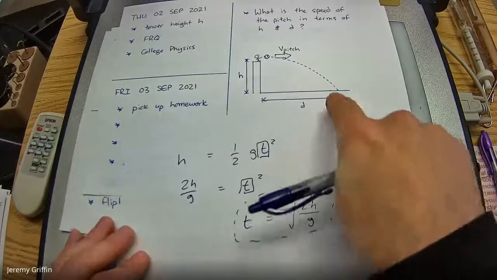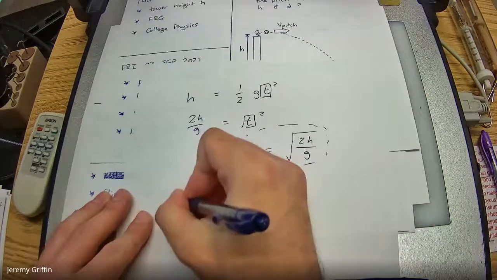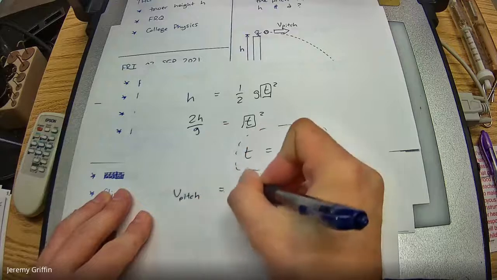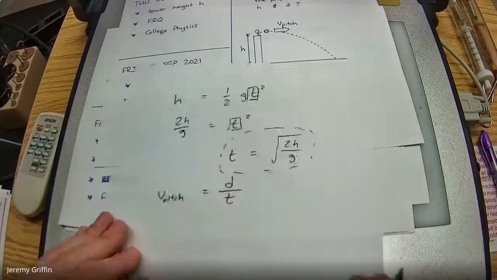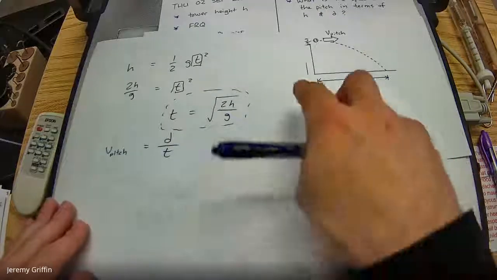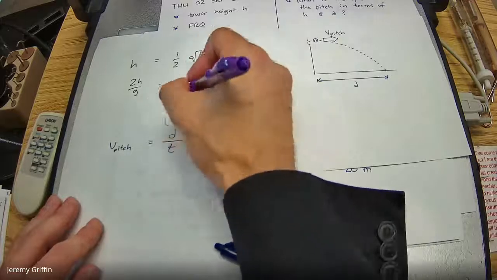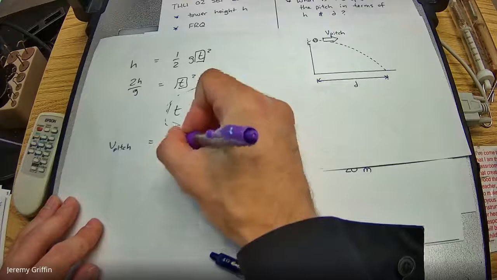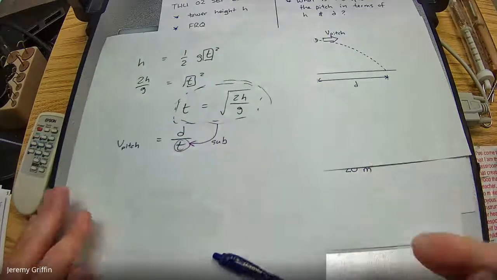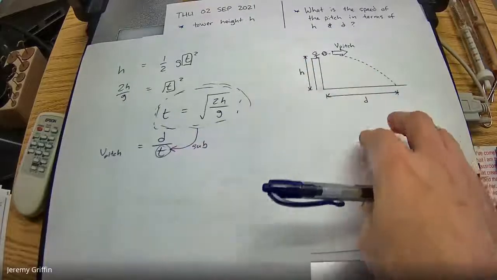Then, isn't the speed that you throw it, I'll call it v pitch, just how far it goes, which is this distance d, divided by the time? Speed is distance over time. It's how far it went over how much time. Then you take this expression that I just dash circled and substitute it right there. That will allow you to get an expression in terms of those original values, h and d, and also gravity.